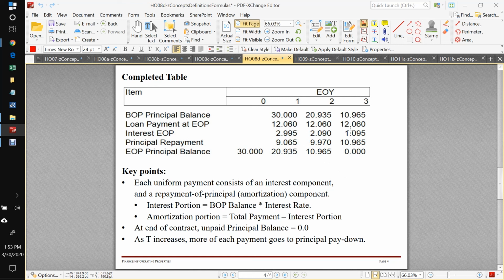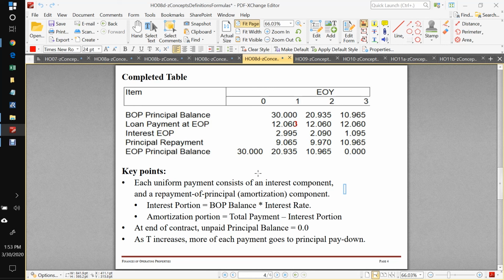So here we've got our uniform payments. So the interest is clearly 3 to 3 significant figures. There's just a little bit of rounding error in Excel, and I think that's because I don't have the 3 back here. And then 12.06 minus 3 is equal to 9.065, plus or minus a little bit. And we just keep going that way.